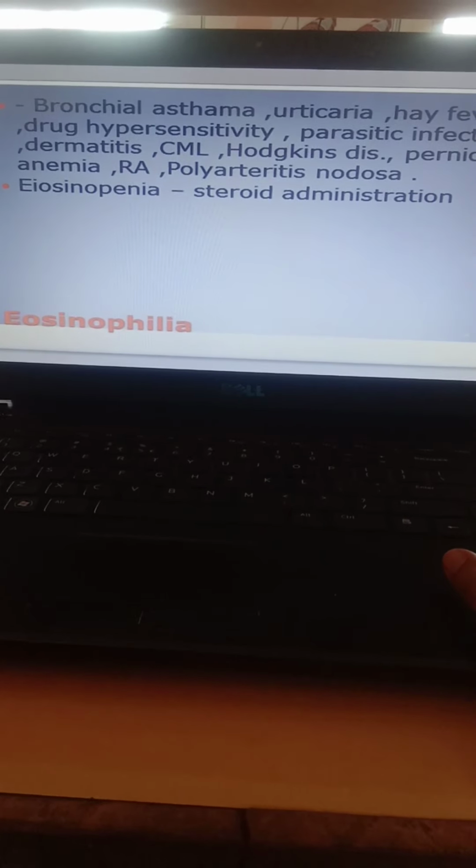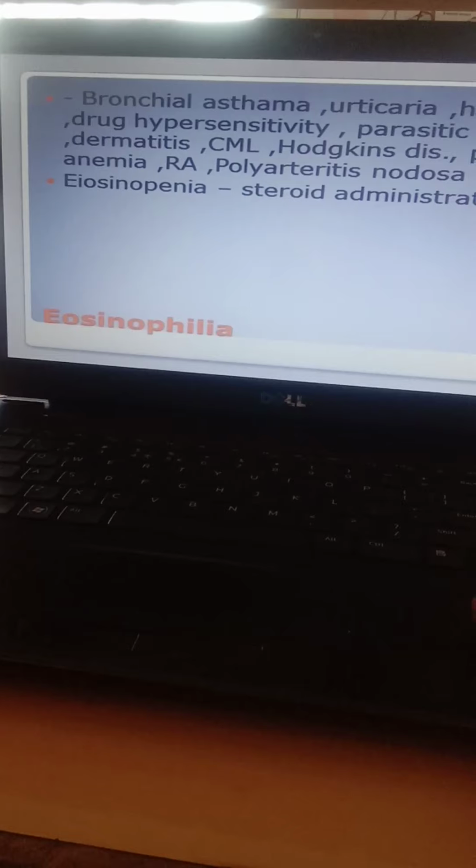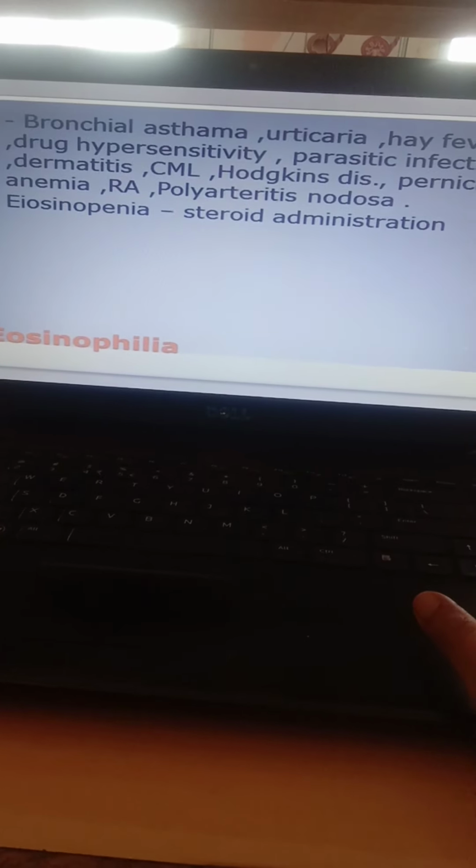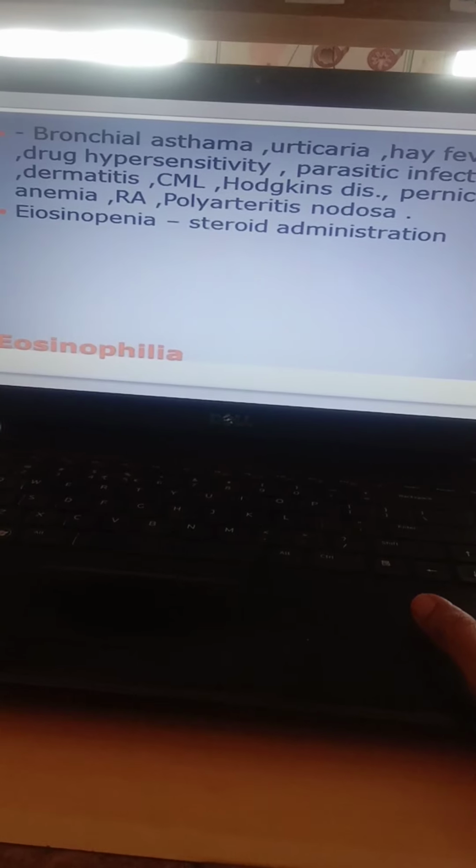These last two are autoimmune conditions. Then eosinopenia, a decrease in the amount of eosinophils, occurs during steroid administration.